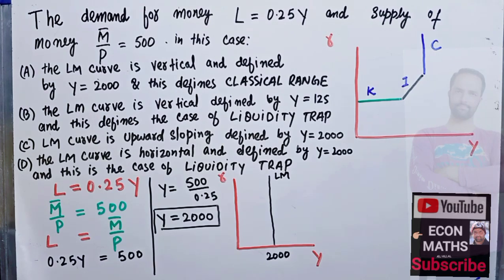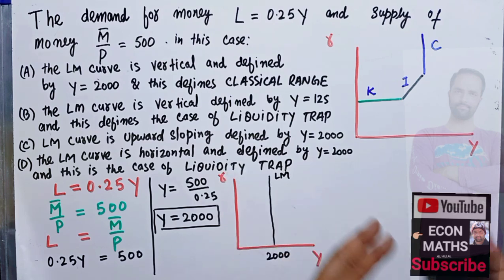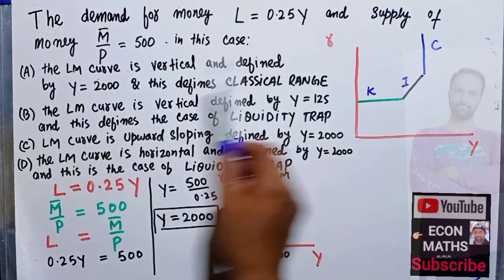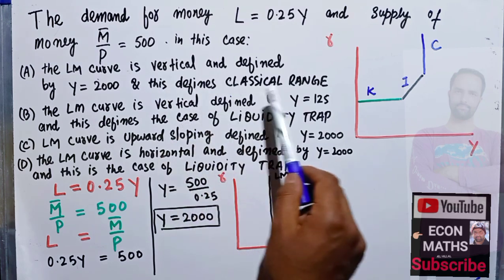Since we got y = 2000, we got a vertical LM curve, and a vertical LM curve denotes the classical range, where the demand for money is perfectly inelastic, that is, there is no change in the demand for money with change in the interest rate. So the correct option is: the LM curve is vertical and defined by y = 2000, and this defines the classical range.